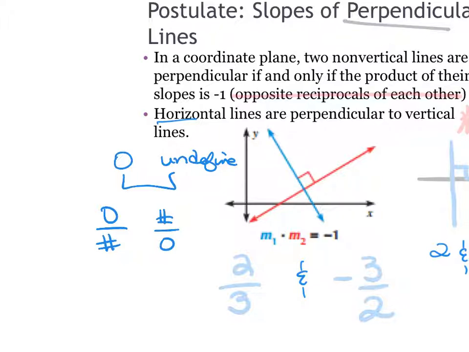But a vertical and a horizontal line also form perpendicular lines. And again, the little box where the two lines intersect indicates that it's a right angle, forming perpendicular lines.